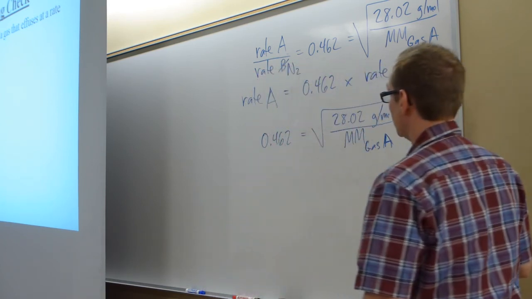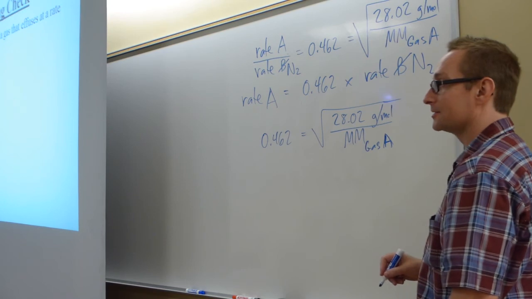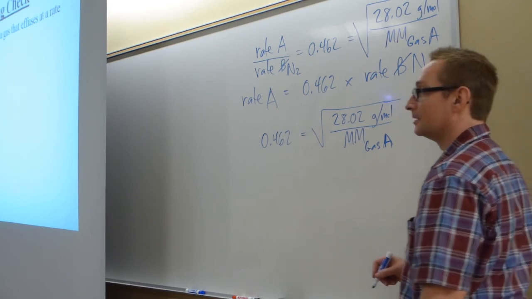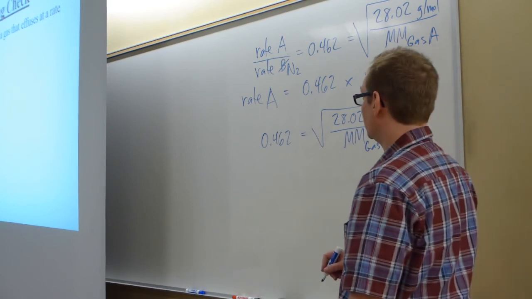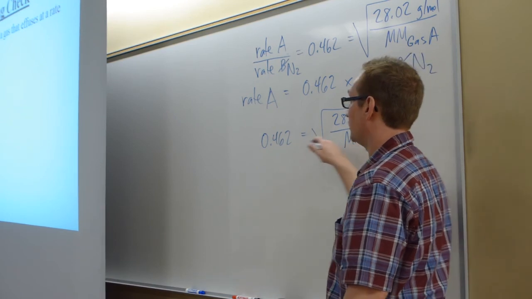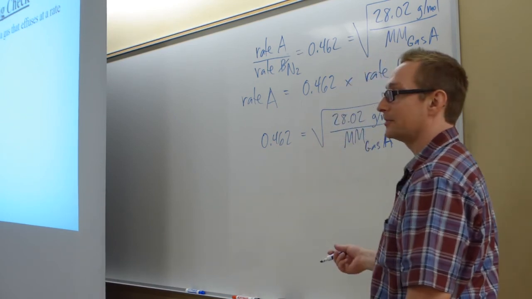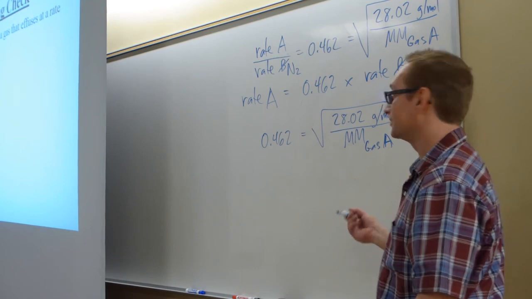So what would be the first step to solve this? Multiply by the molar mass of gas A. Well, before we multiply by the molar mass on both sides, we have to square both sides to undo the square root.